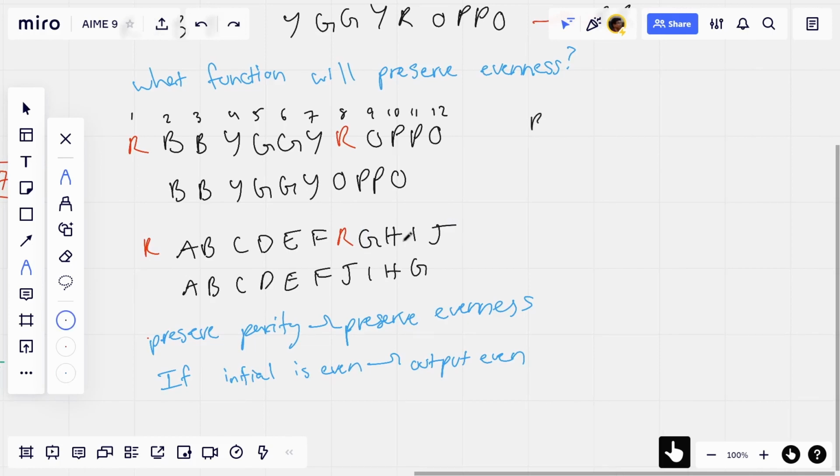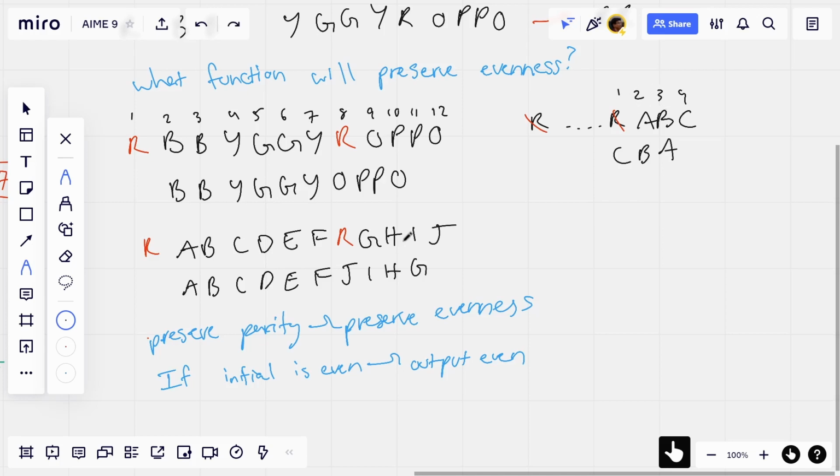Like, for example, suppose I have some sequence R, R, and then A, B, C, this time an odd number of items out here. Now, if I list my positions as 1, 2, 3, 4, and then remove my R's, then I'm left with C, B, A. Clearly, the parities have changed. B changes from 3 to 2, and it's not preserved.